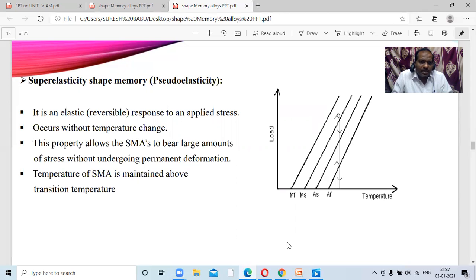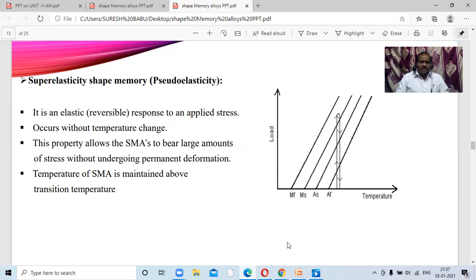This property allows SMAs, that is shape memory alloys, to bear large amounts of stress without undergoing permanent deformation. The temperature of the SMA is maintained above the transition temperature.